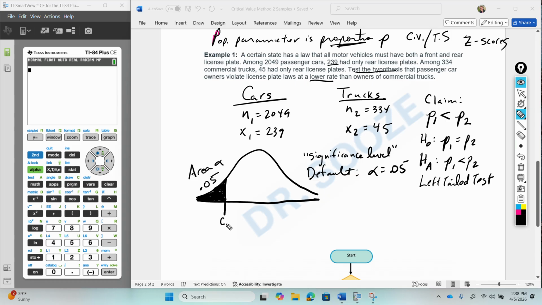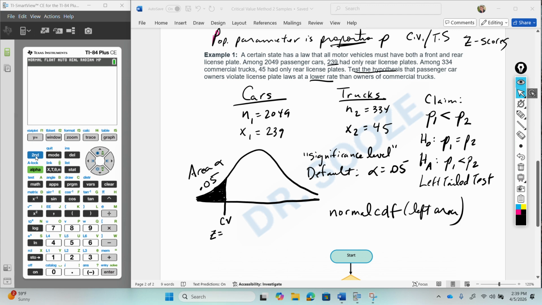So I'm going to have one critical value, a negative z-score. To get this z-score, I need to use the command normal CDF, which is what you use if you're trying to find the z-score and you have that left area. I'm going to take everything to 3 decimal places.